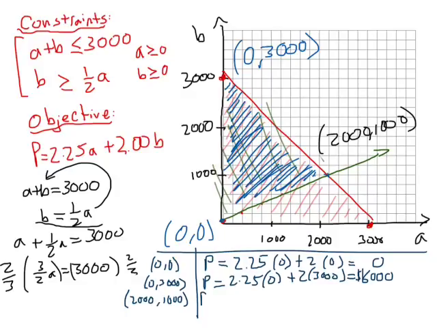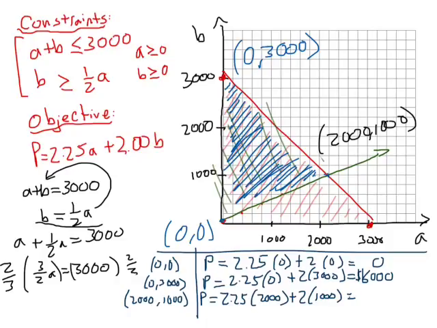And if we test our third point of 2,000 and 1,000, that's going to give us a total of 4,500 plus 2,000.